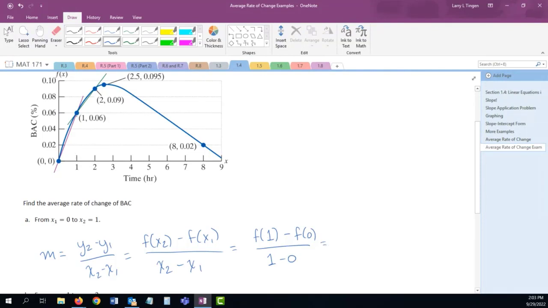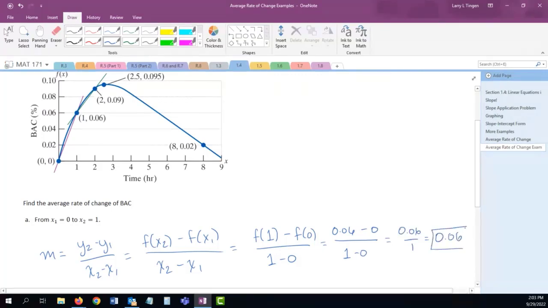Well, if I come up here, when x is 1, f of x returns 0.06. F at 0, when I plug in 0 for x, I get out 0 for y, so that's just 0 over 1 minus 0. 0.06 over 1, which is 0.06.